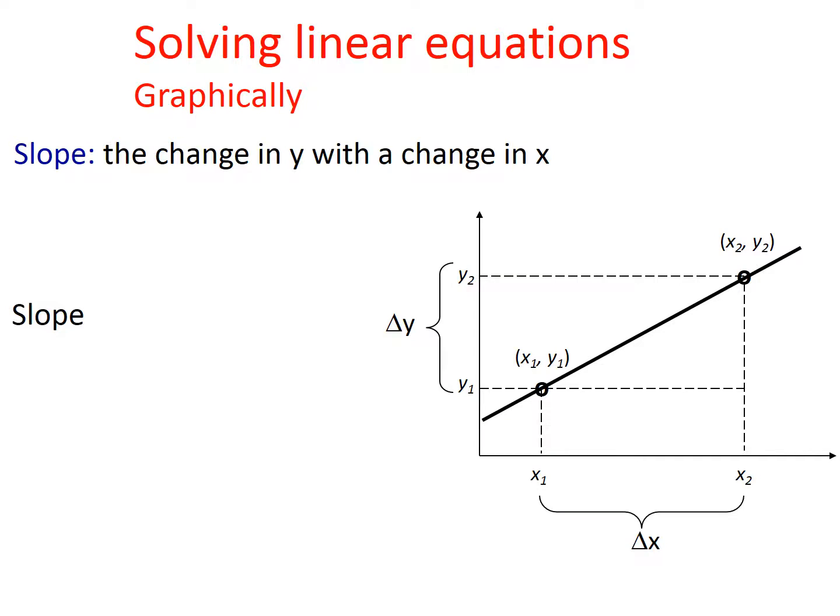All I've done is rearrange that. Now what we need to do is plug in some numbers where we know y and we know x. That's basically any point along this line where we know both y and x. And we actually have two places where we know that, here and here.